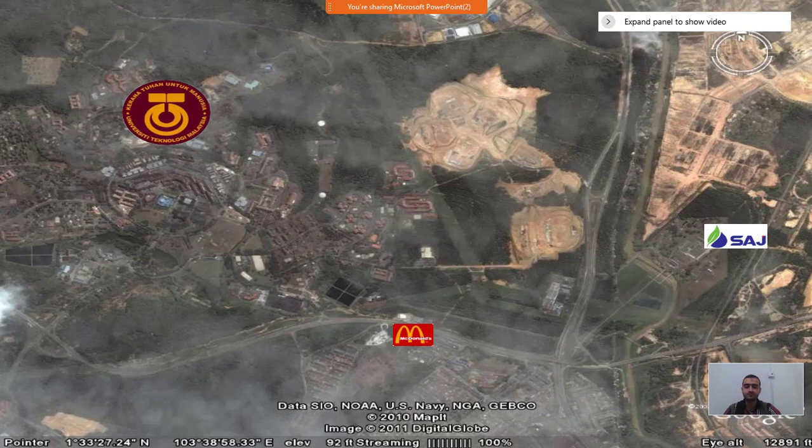Okay, here is UTM. You can see at the top left, here's McDonald's, you know the Petronas and McDonald's here, and here we have the water treatment plant or water intake point, which means SAJ, Sumber Air Johor. So this point refers to the point of intake.